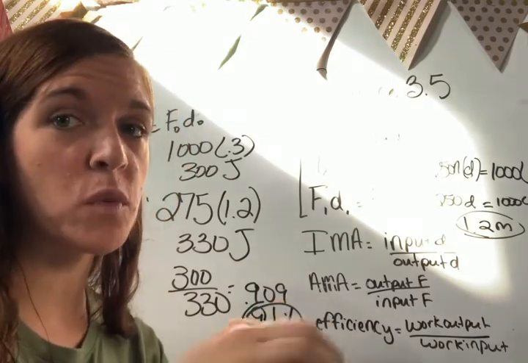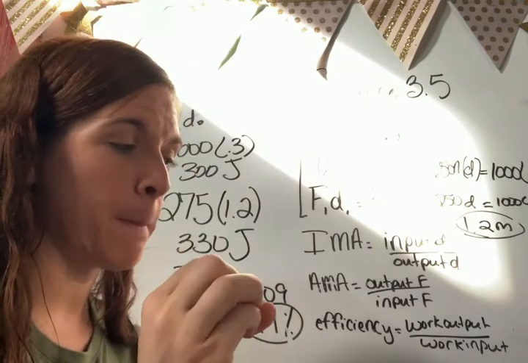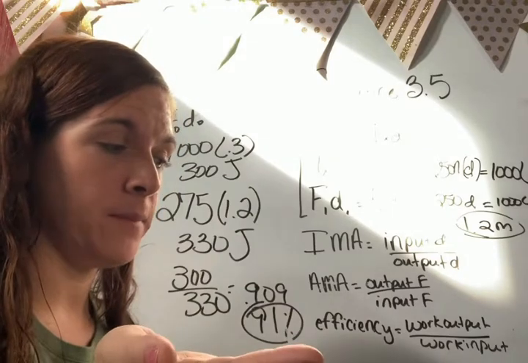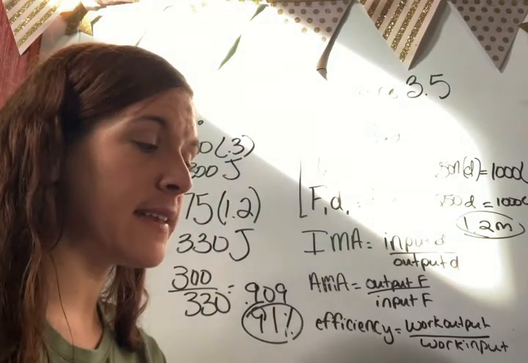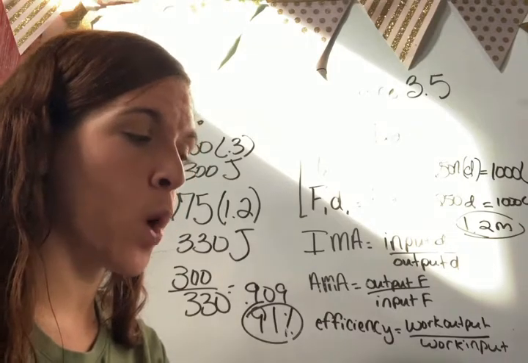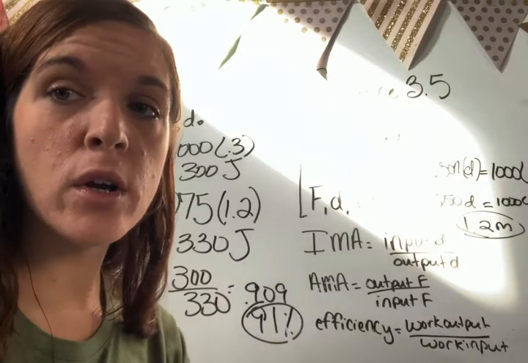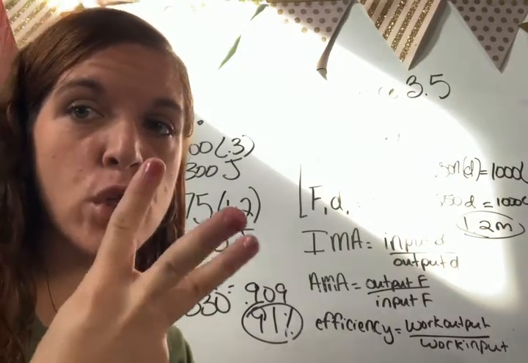Okay, 3 sentences on that one. Number 5 is what is efficiency? And number 6 is the lever classes 1, 2, 3 with examples. The lever, L-E-V-E-R, classes 1, 2, 3 with examples.